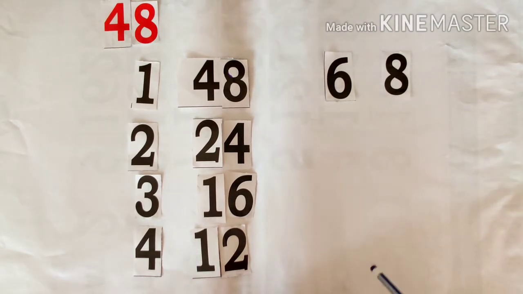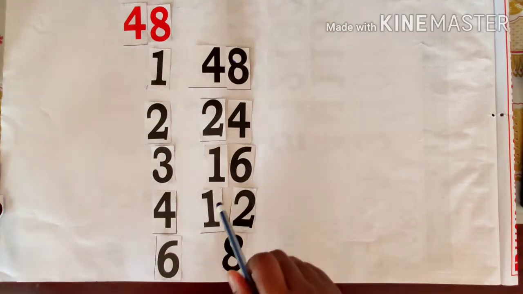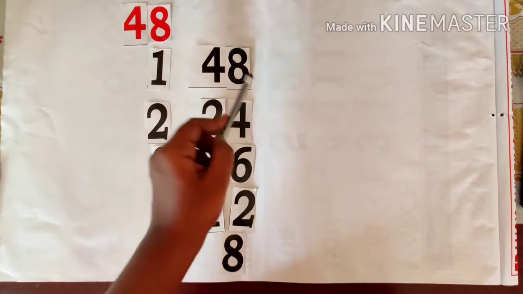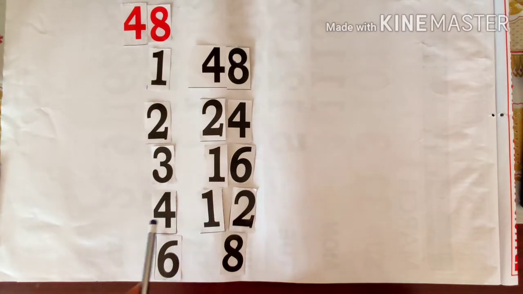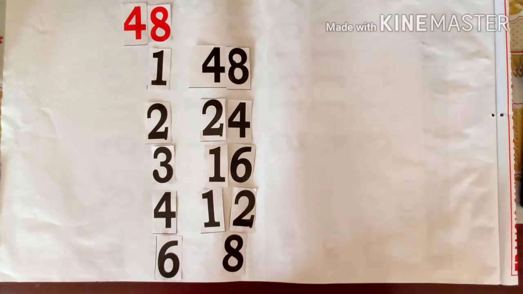If we are asked to write the factors of 48, what are we going to write now? When two numbers are multiplied to get the product, the numbers multiplied are called factors of the product. Why did I say this line again?